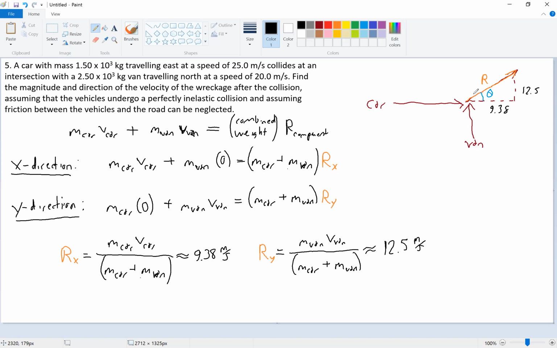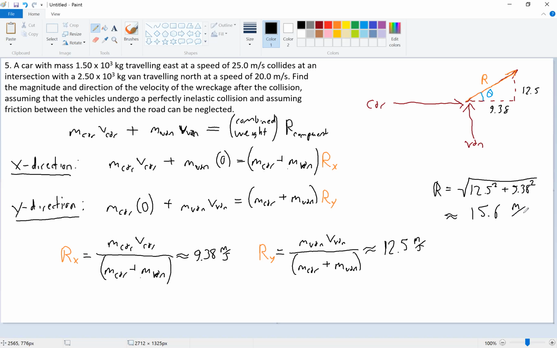We use Pythagorean theorem. R is going to equal the square root of 12.5 squared plus 9.38 squared, which is about 15.6. And again, we have meters per second.